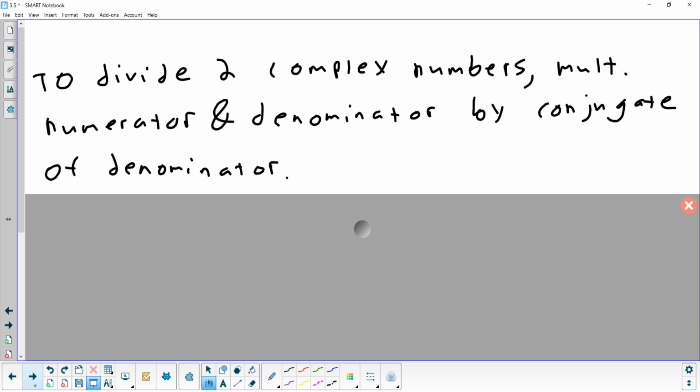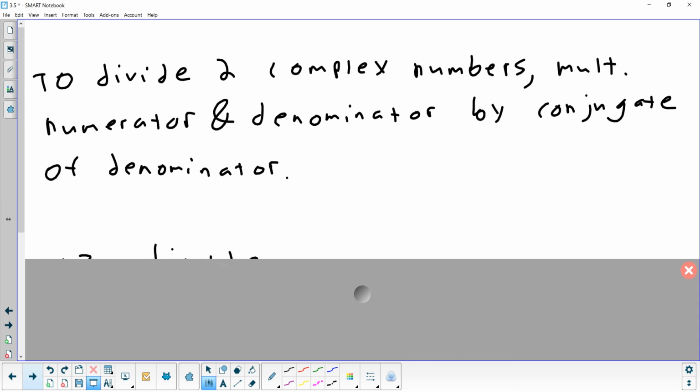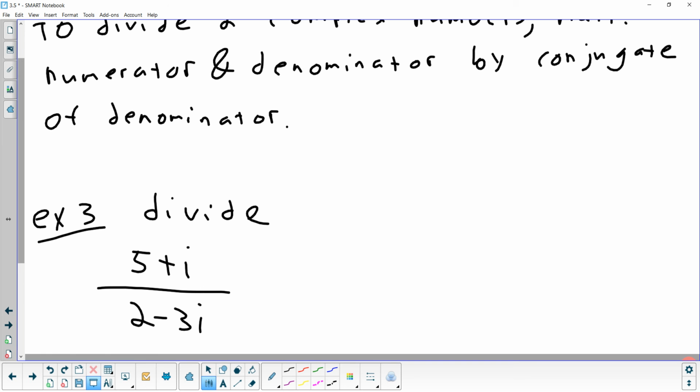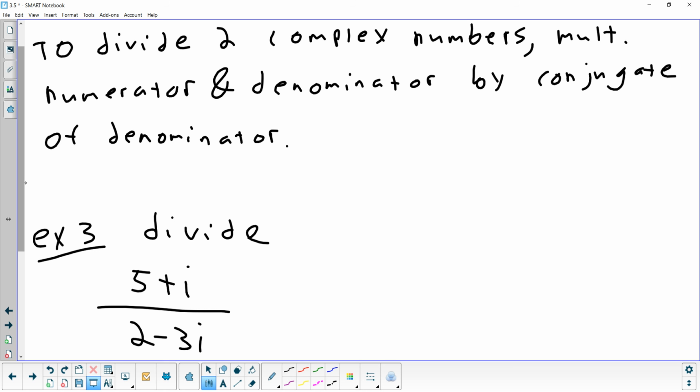You end up using multiplication, and you multiply the top and the bottom of your complex number by the conjugate of what's in the bottom.